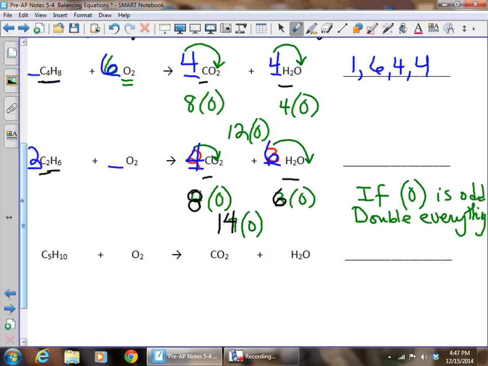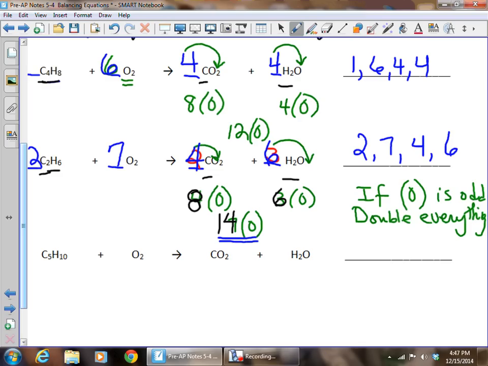If there are 14 oxygens on the right, we can put a 7 in front of the oxygens on the left, and we now have 14 oxygens on the left. So if oxygen is odd, double everything. So that gives us 2, 7, 4, 6 for our coefficient list for this one.